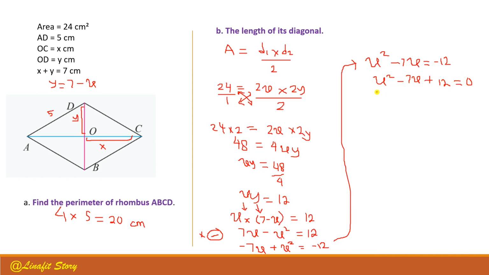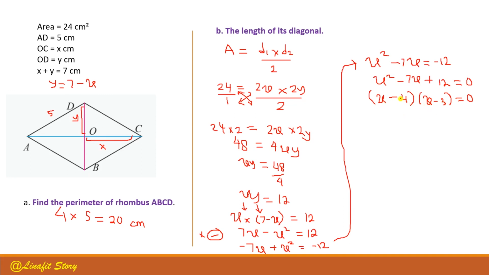Then we factorize. So x minus 4 times x minus 3 is equal to 0. Let's check. x times x is x squared. Negative 4 times negative 3 is positive 12. x times negative 3 is negative 3x plus negative 4 times x is negative 4x.